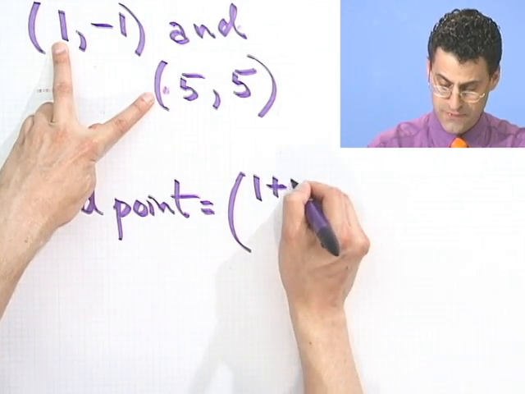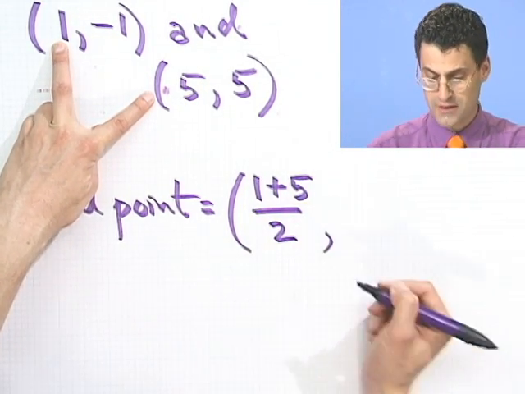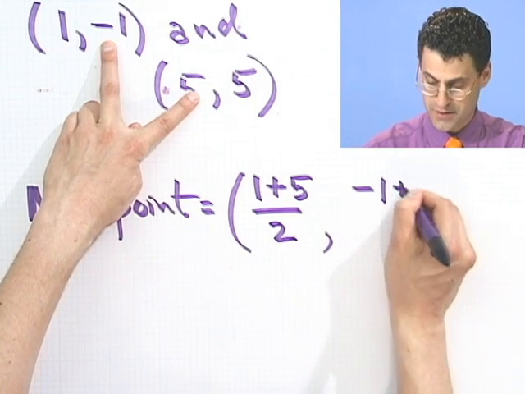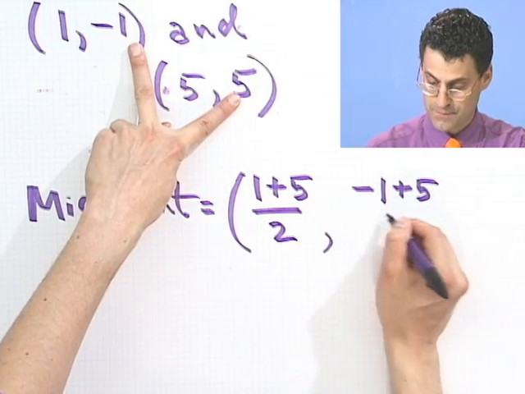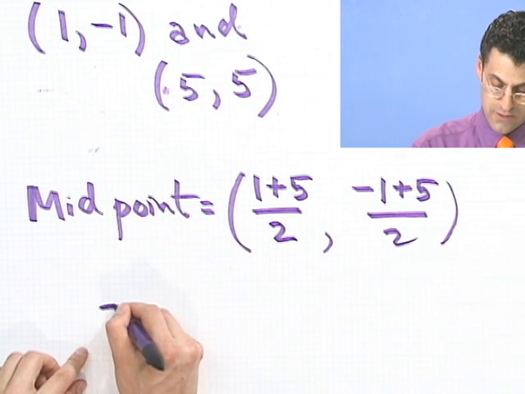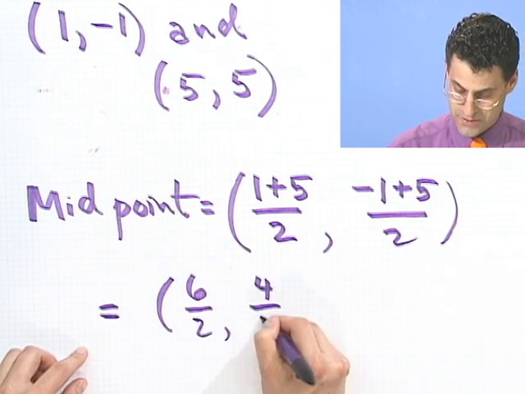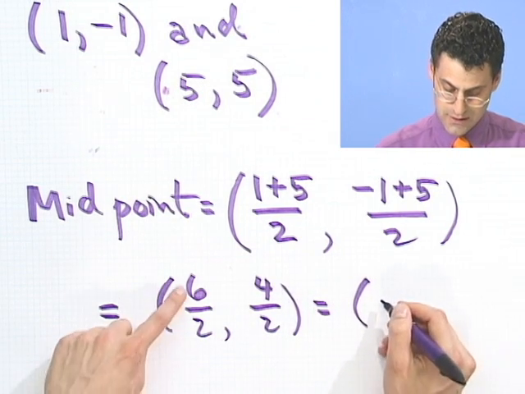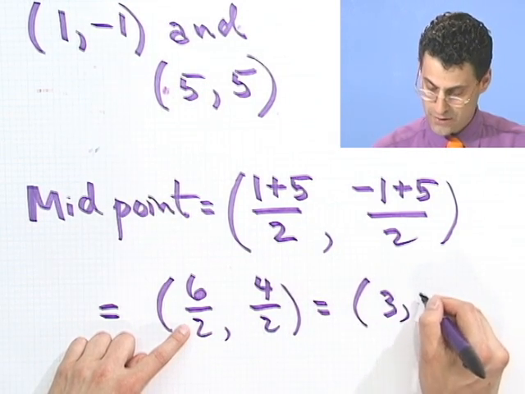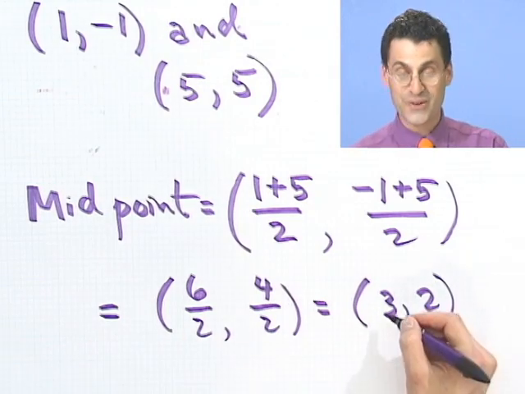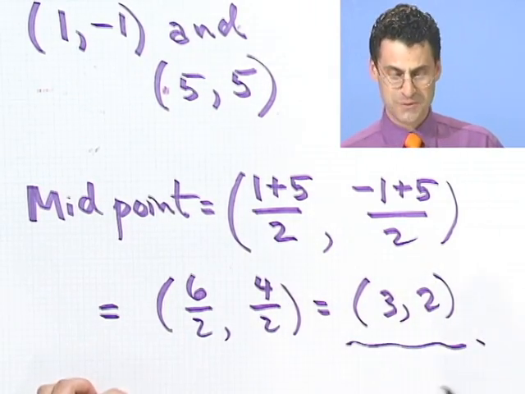So I add 1 plus 5 and divide it by 2. And then I average the y's, minus 1 plus 5 divided by 2. And that would equal 6 over 2 and 4 over 2, which would be the point, I'm sorry, 3 comma 2. That should be the midpoint.